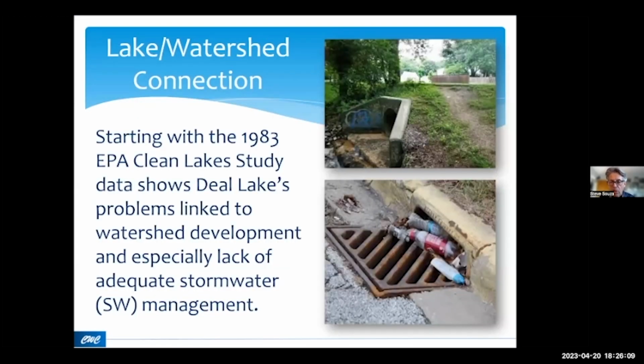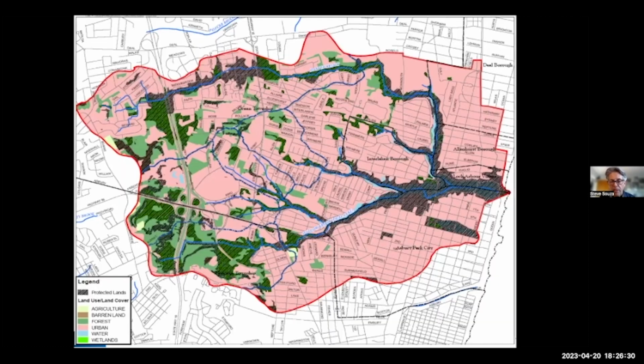We know that there's a strong lake and watershed connection. A lot of the water quality impairments that we see are directly linked to the lack of proper or adequate stormwater management. And this dates all the way back to that previous study that I mentioned, that I published in 1983 on Deal Lake.